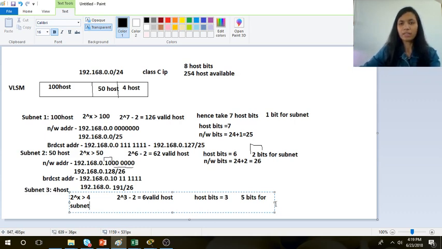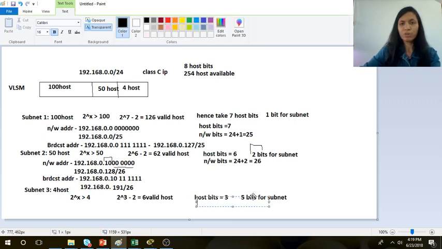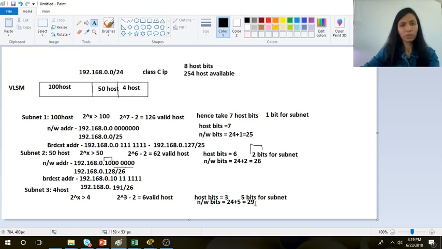And the total number of network bits now is going to be equal to, you simply have to add these 5 to your earlier network bits. So you have got network bits equal to 24 plus 5, which is equal to 29. So you have got 29 bits for network.